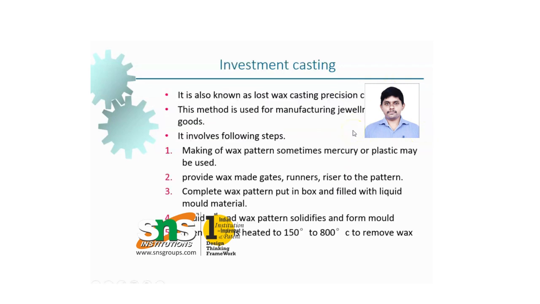If we take an application of investment casting, it uses wax throughout. The same kinds of materials are used for casting, but it differs in the temperature range, and by adding and removing the wax, the process is cured and quickly solidified. The wax pattern is solidified, along with mercury or plastic, which is universally followed.